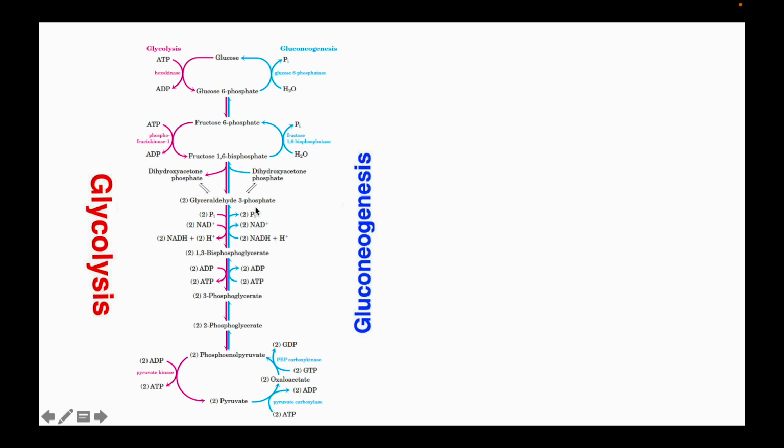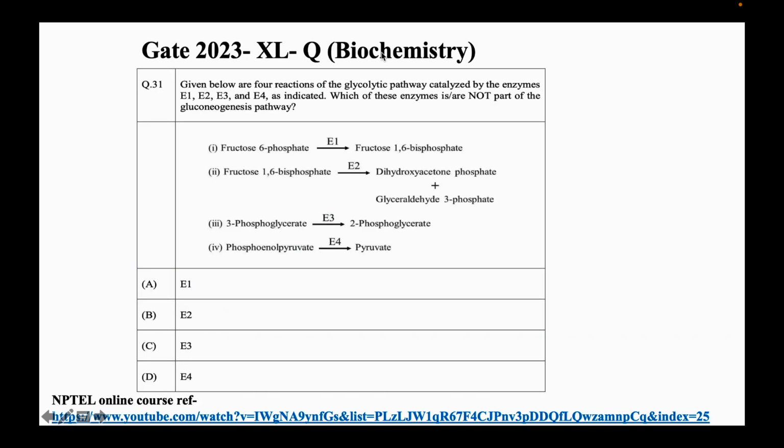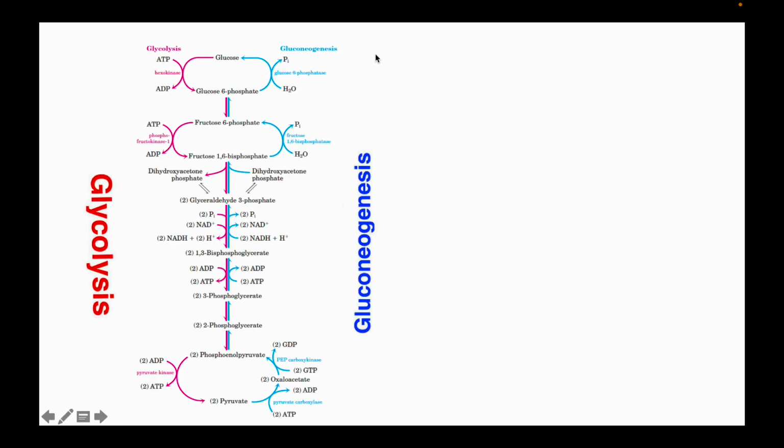As you can see, the pink one is the glycolysis pathway and the blue one is gluconeogenesis. Even though gluconeogenesis is the formation of glucose from pyruvate, we cannot say that gluconeogenesis is exactly the reverse of glycolysis. There are a few different reactions from pyruvate to glucose, as you can see here.